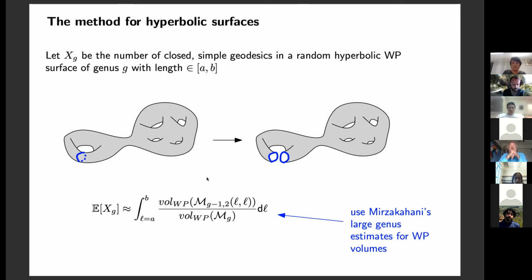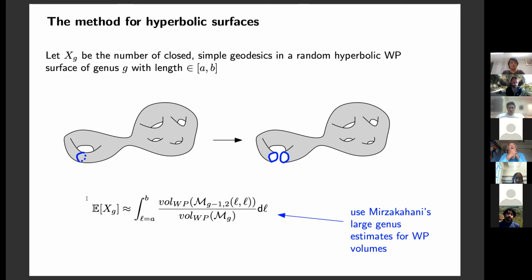So it's counting surfaces with two boundaries of genus G minus 1, divided by the number of surfaces of genus G. Again, it's not a number, it's a volume, but it's still the same principle. Mirzakhani had a lot of large genus estimates for this Weil-Petersson volume, so then it goes smoothly.